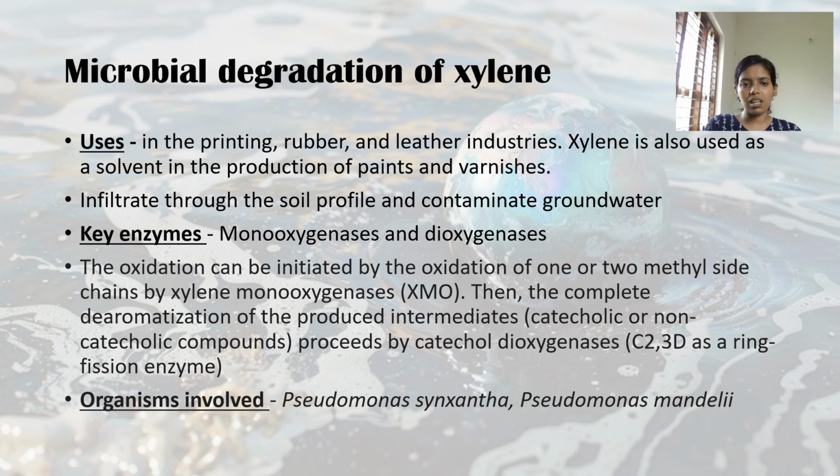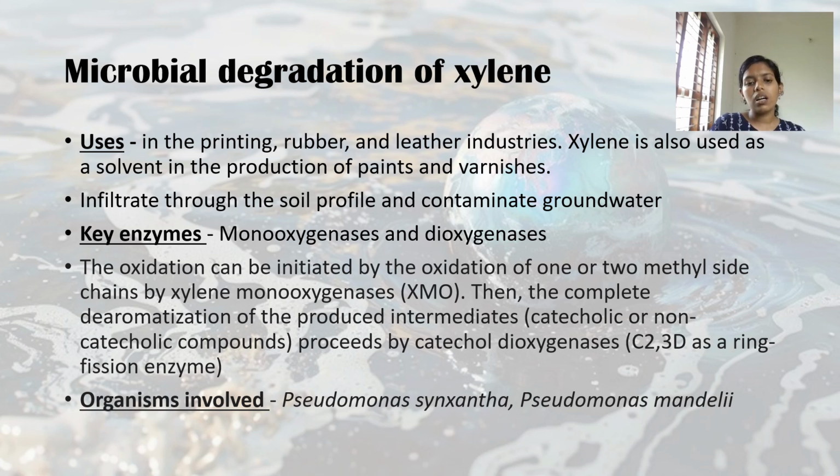The next is the microbial degradation of xylene. Xylene is an industrial solvent commonly used in printing, rubber and leather industries. It is also used as a solvent for the production of paints and varnishes. In the degradation of xylene, the key enzymes involved are monooxygenases and dioxygenases.